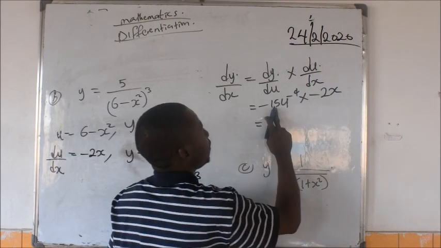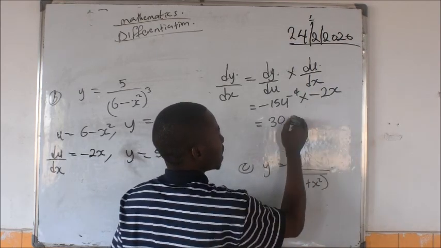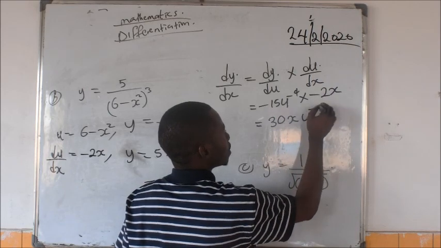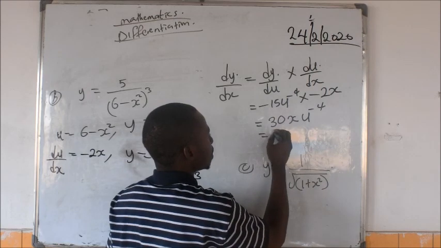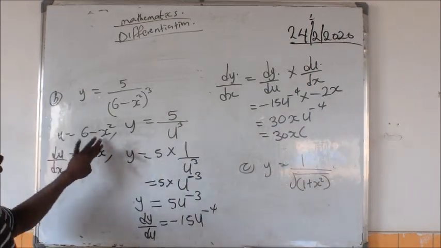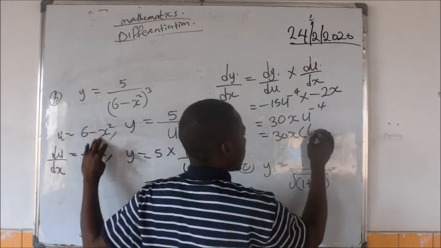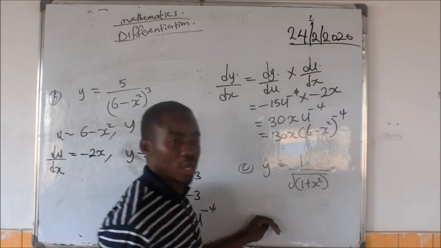15 times 2 will give you 30x, u raised to power minus 4. Then you substitute for u, which will now be 30x into brackets. Your u is 6 minus x squared, everything raised to power minus 4.